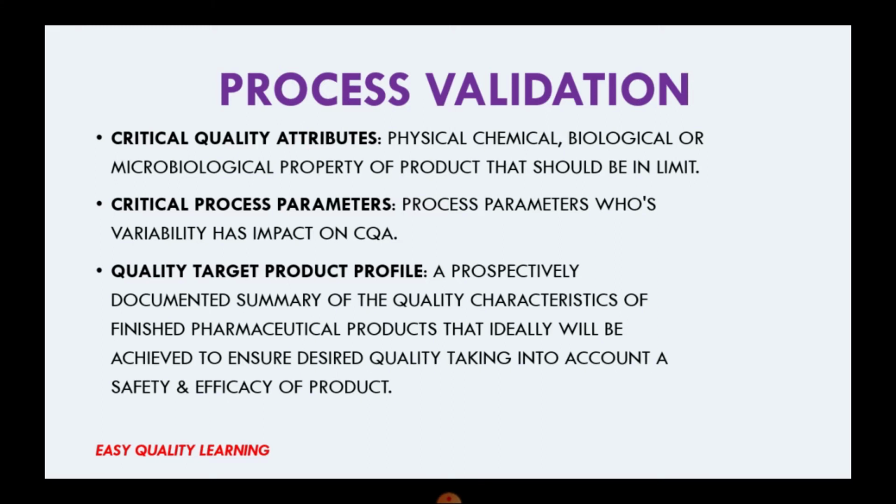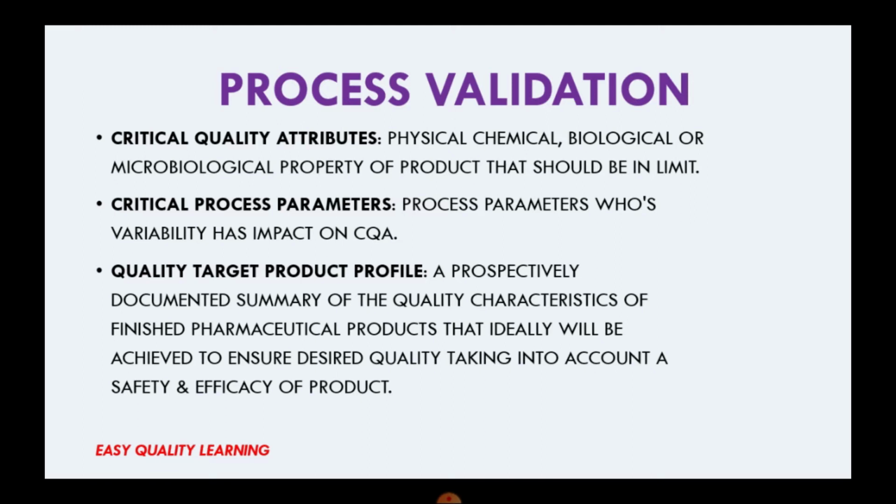Then critical process parameters. Process parameter whose variability has an impact on critical quality attributes. So which process parameter? The process parameter due to which your critical quality attributes are impacted. Like if you increase or decrease the compression force, your hardness will increase or decrease, and as a result of hardness increase and decrease, your dissolution may get impacted.